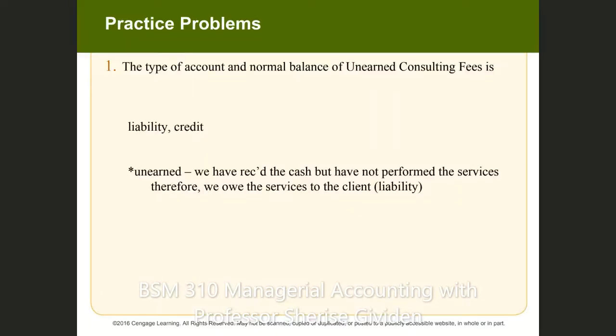Number 4. No, close. So the normal balance of an unearned consulting fee. Oh, so we've received the cash but have not performed the services. So it's a liability.